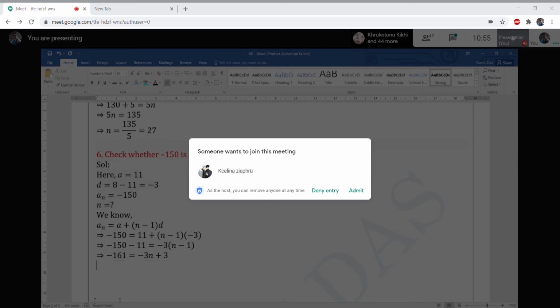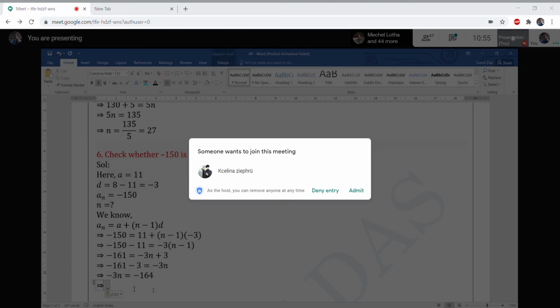Then take minus 161 minus 3, taking the 3 to the left hand side, so minus 3n equal to minus 164.